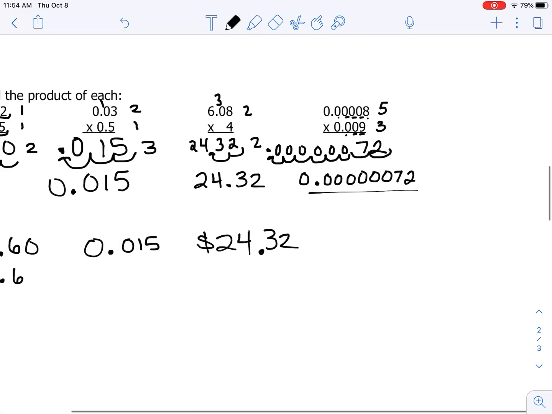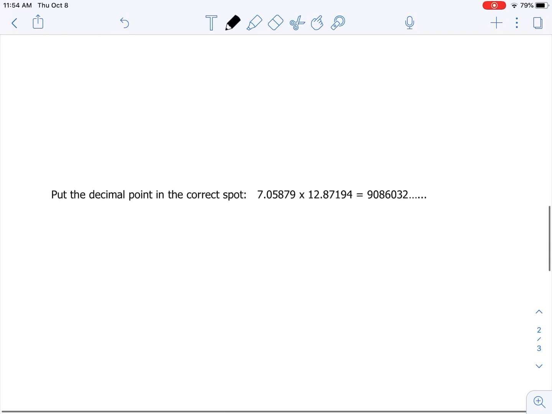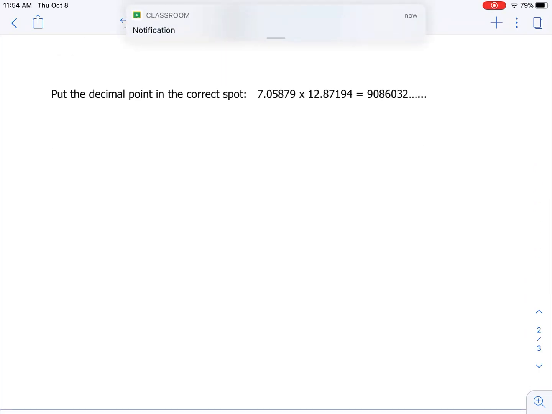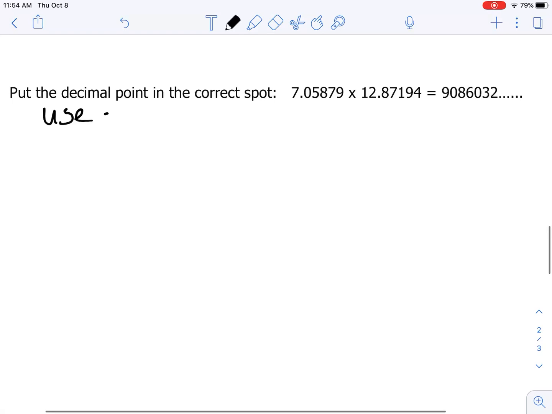All right, we are on to the last question here. We want to put the decimal point in the correct spot, and we're going to use estimation to solve it. So estimation means I want to round my numbers before I do the multiplying.